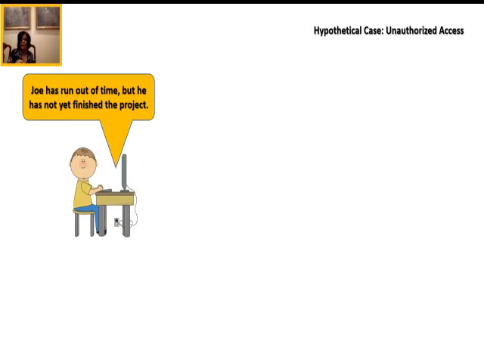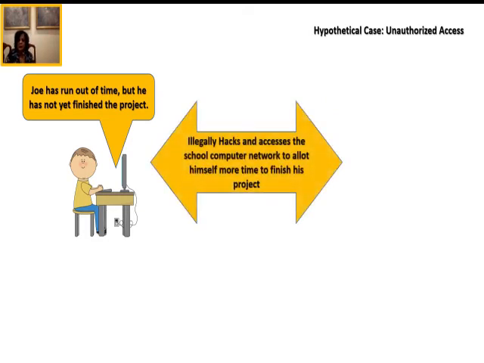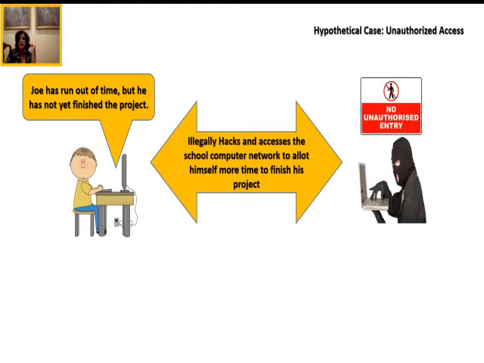Last year, Joe worked as an employee at a campus computer center and is quite familiar with techniques to increase time allocations to accounts. Using what he learned last year, he is able to hack into and access the master account, allotting himself additional time to complete the project.